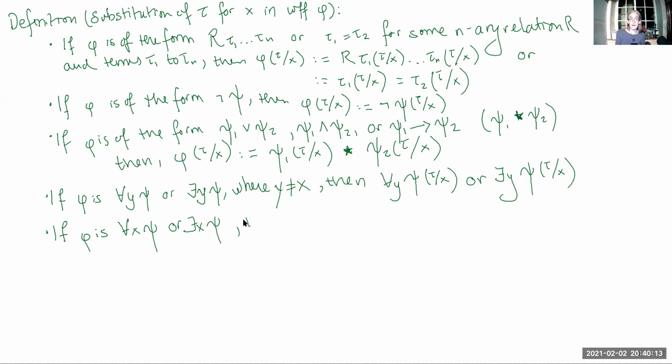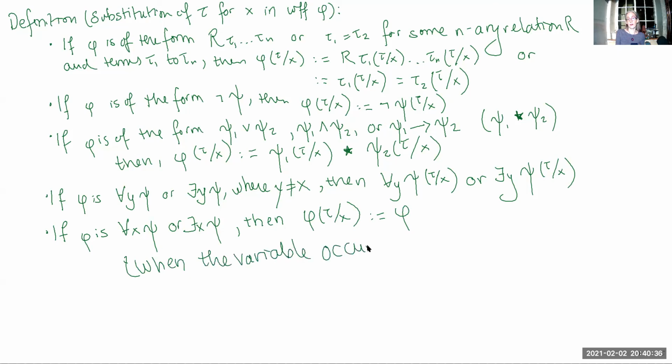In this case, where the quantifier binds the variable that we are trying to substitute, the result of performing substitution just is the formula we started with. So the way you can think about this is when the variable occurs bound, no substitution happens.